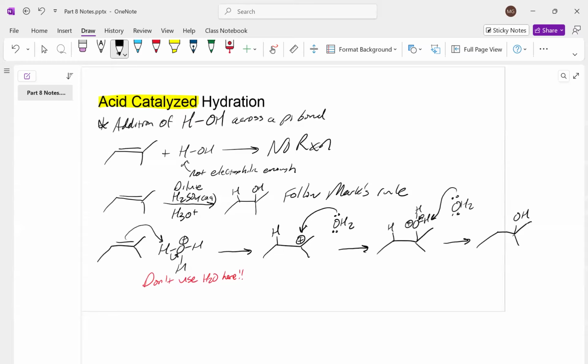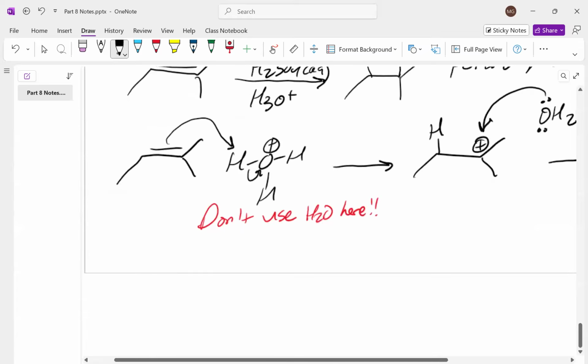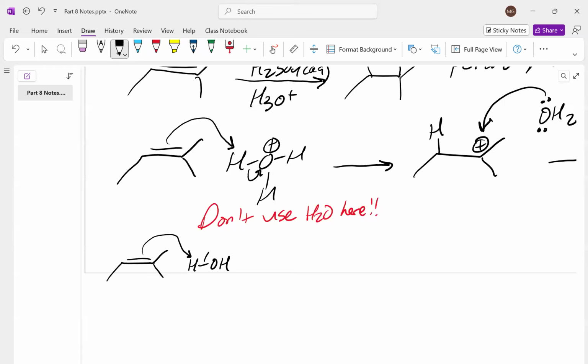Now, let me go back to the beginning of this and explain why we don't use water. So this would be the reaction that we're trying to do. So why do I not use water in the mechanism there? This is bad for two reasons.